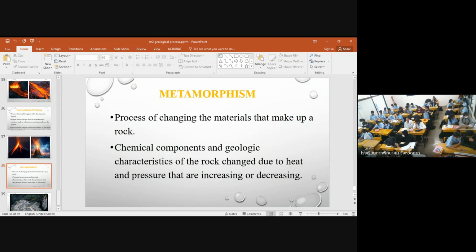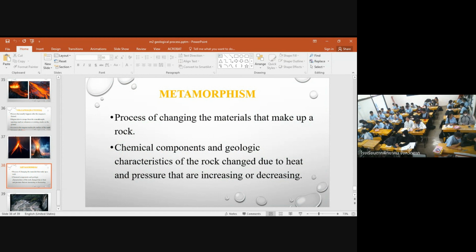So some rocks are beautiful, some rocks are dangerous, and some rocks are unique. So again, not all rocks are beautiful because some of the rocks are also dangerous.